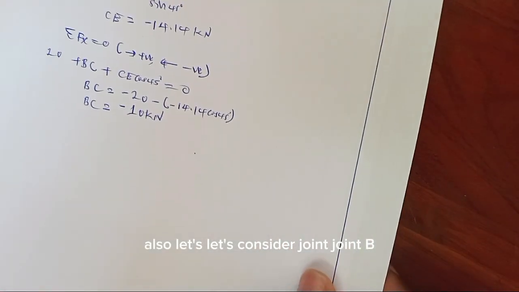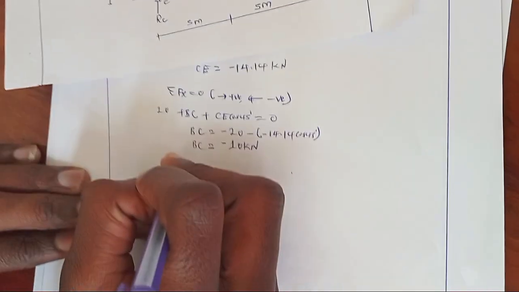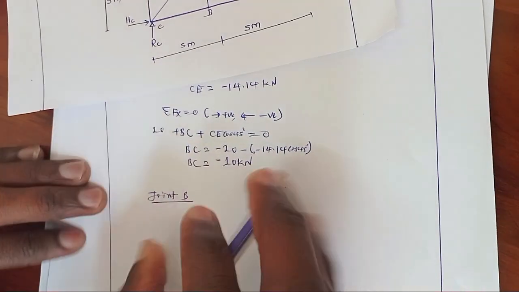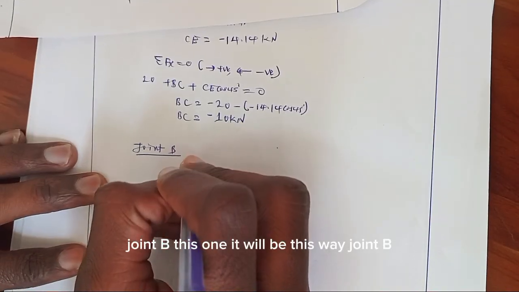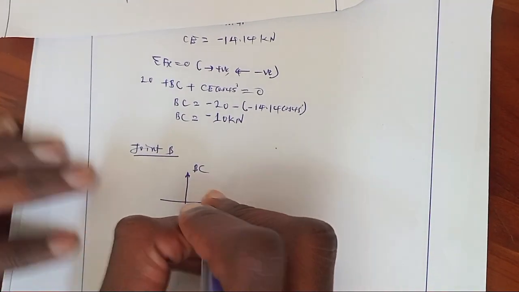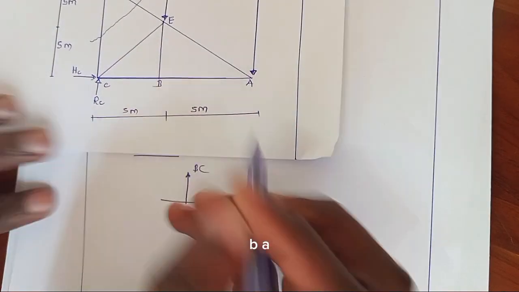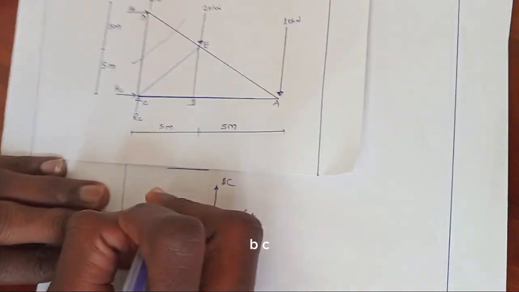Also, let's consider joint B. Joint B is this one. It will be in this way. Joint B. This is BE, BA, BC.